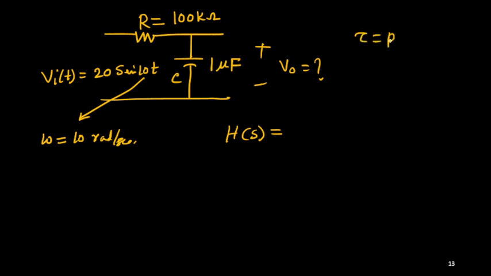Tau equals R into C. So what is the value? It is 100 into 10 to the power 3, that is in ohm, multiplied by 1 microfarad, meaning 10 to the power minus 6. So how much will you get? 10 to the power 5 and 10 to the power minus 6, so 10 to the power minus 1.